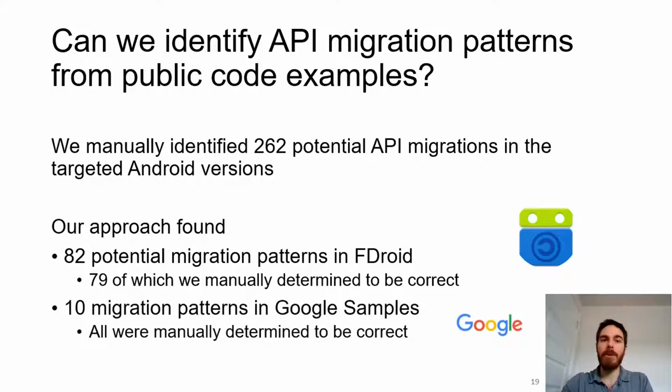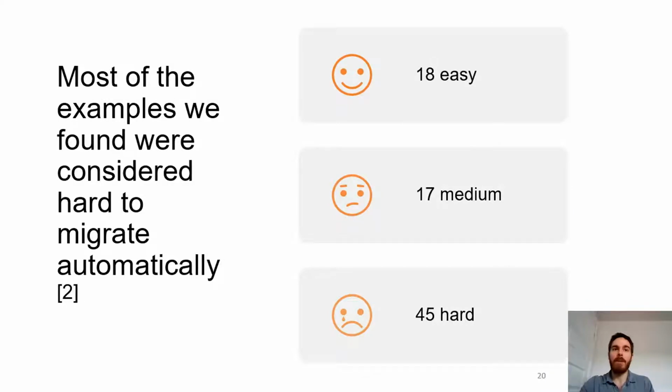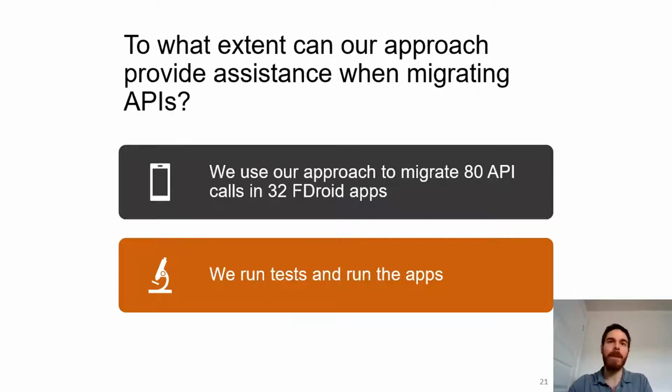In the Google Samples project, our tool managed to find 10 migration patterns, and all of them were manually determined to be correct. So most of the examples that we found were considered hard to migrate automatically by prior research. So 45 of them were hard, 17 were medium, and 18 would have been easy to migrate. So this shows that our tool can actually be useful, at least very useful, for these 45 hard problems.